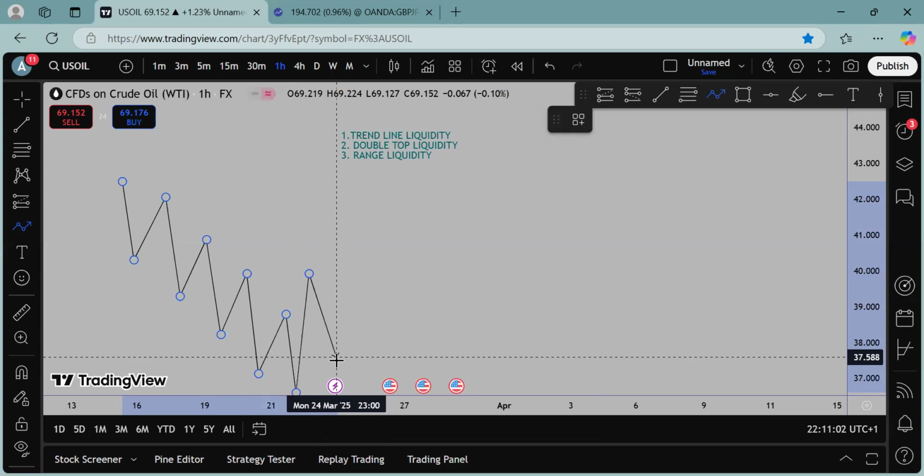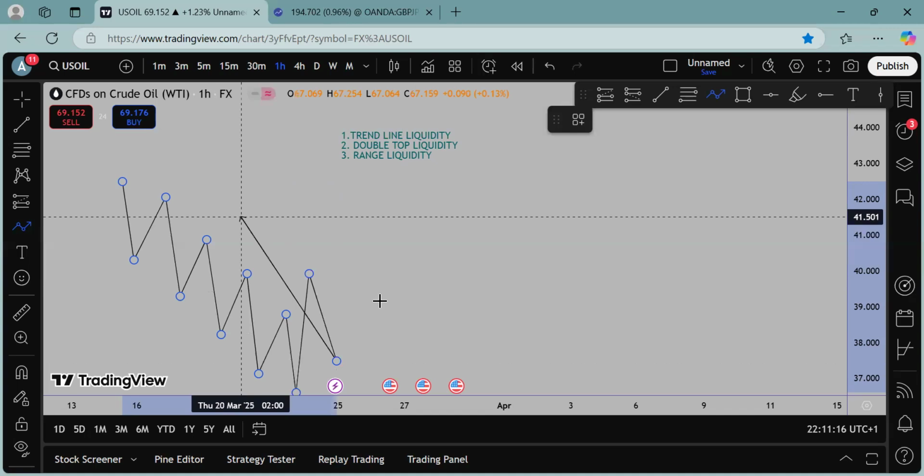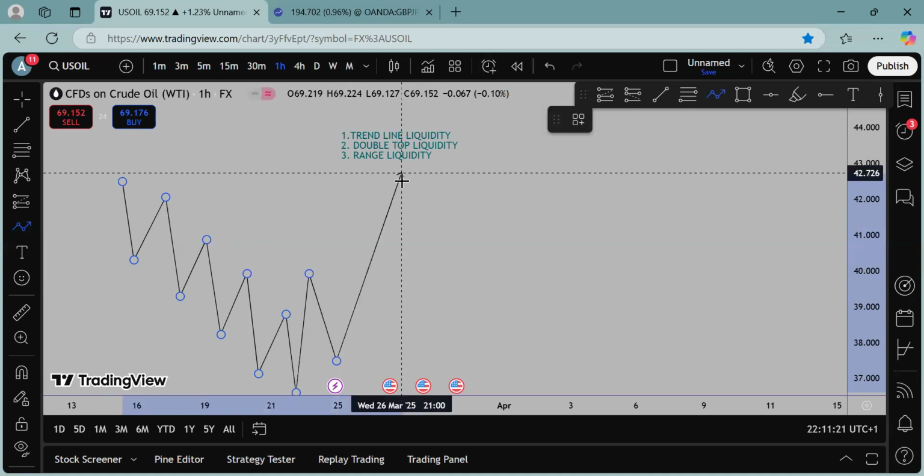Do you get? So when you have something like that, all you are expecting is to buy this particular pair. And once you buy it, you are buying it to clear this trend line liquidity that is here. Do you get? So it clears off. So your TP now comes to this particular place.